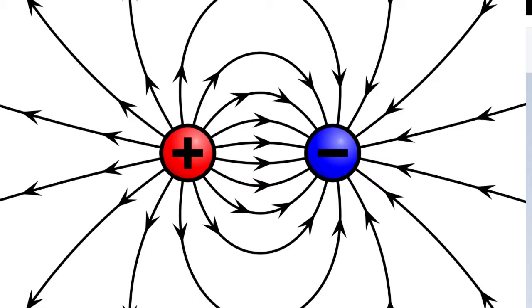So what you have here is a positive charge and a negative charge, and you see that these arrows are pulling towards each other, and the ones near the outside areas of the charge are unaffected, but slightly curved. The ones near the middle are very close to each other, almost as if they're pulling towards each other.